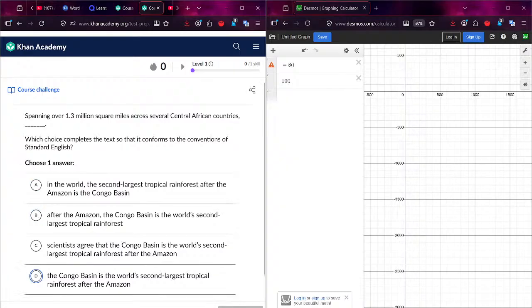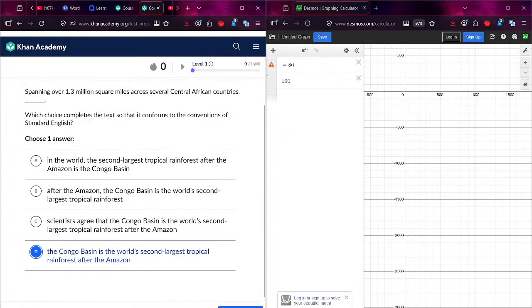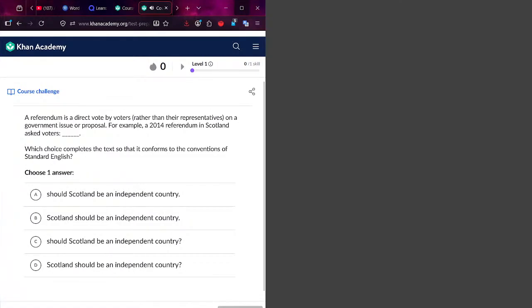So it should be this: spanning over 1.3 million square miles, the Congo Basin. Because scientists don't span over 1.3 million square miles, the Amazon doesn't, and the world doesn't. So the only one that makes sense is the Congo Basin. So I'm gonna go with that.